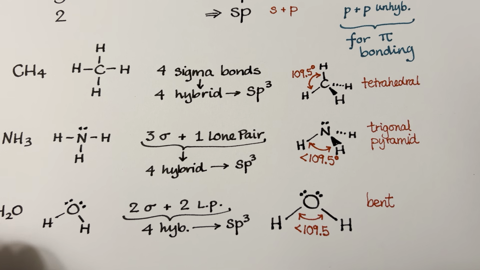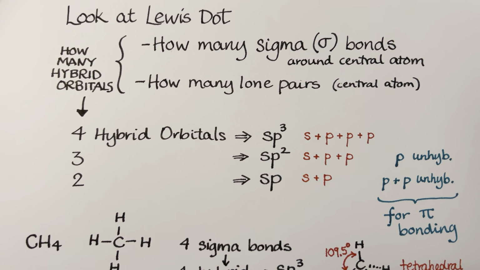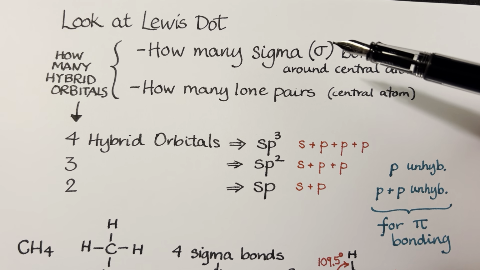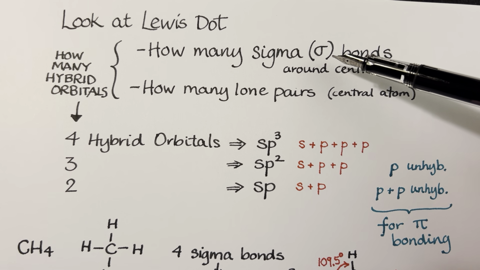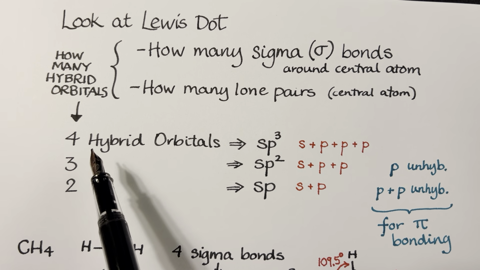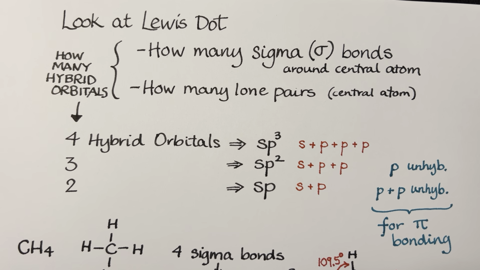Now what about when we do our assessment? Let's go back up here where we were starting out. You look at the Lewis dot, and you look at how many sigma bonds there are and how many lone pairs. And let's say you determined there are 3 and you're getting sp2 hybrid orbitals.